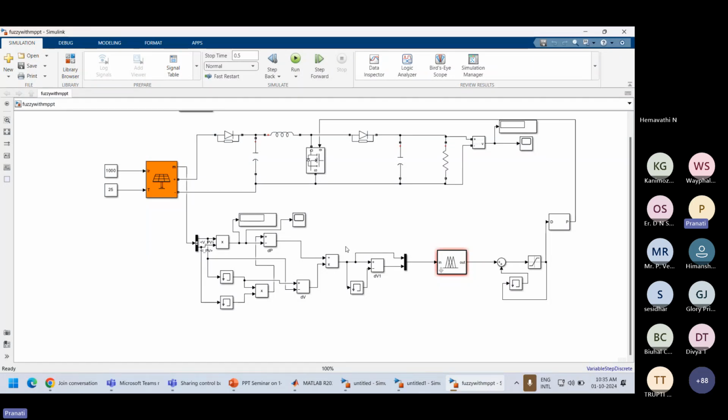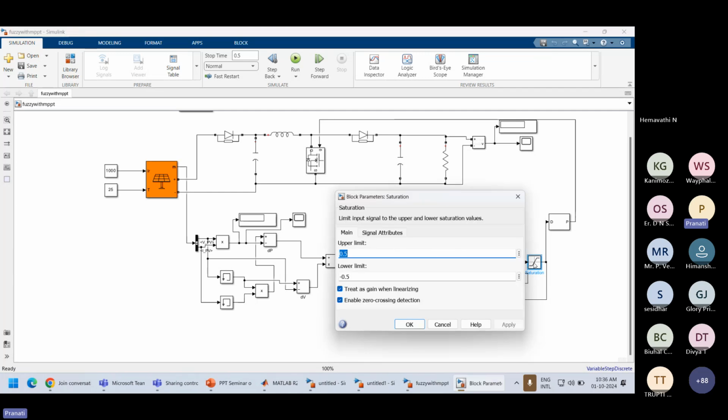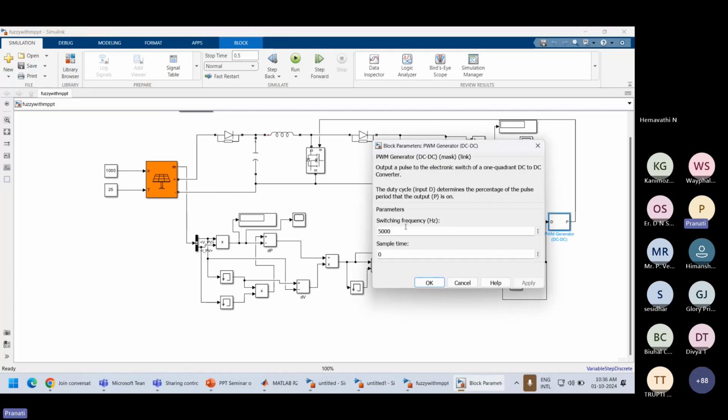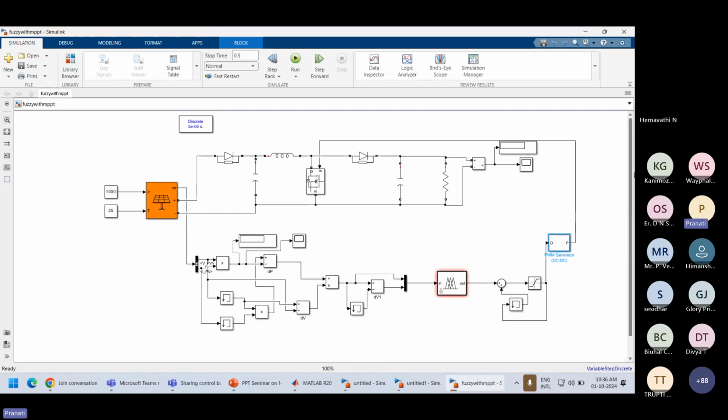The difference goes directly to the fuzzy logic block .fis file, which passes through the memory, then the saturation upper and lower limits, then the switching frequency and sample time, which operates our boost converter here.